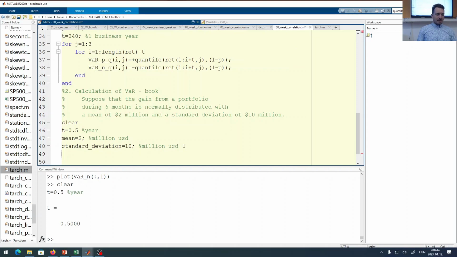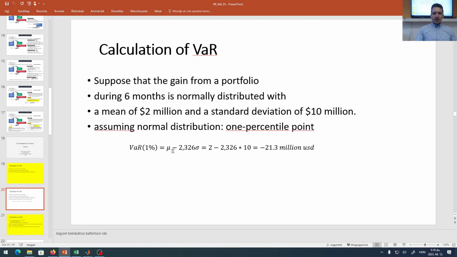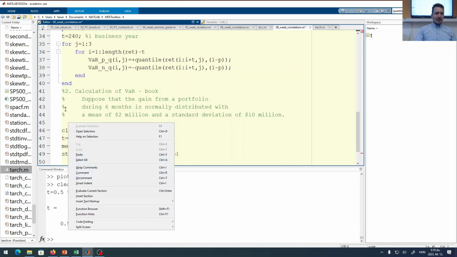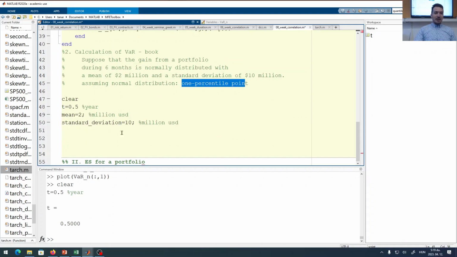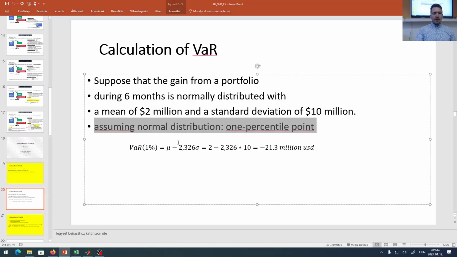So what is the VaR? Here we are just looking for the threshold, so the 1 percentile, so p equals 1.